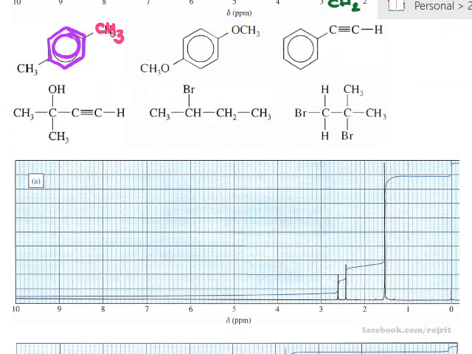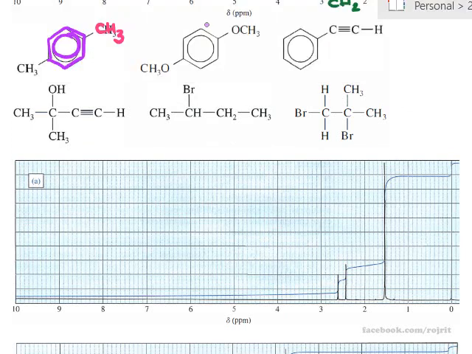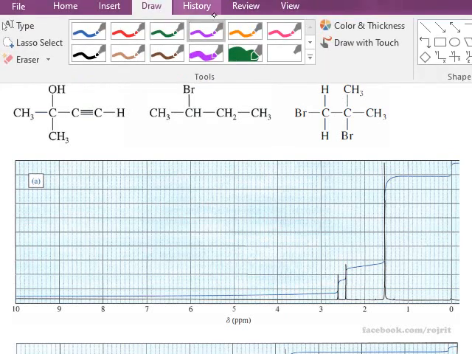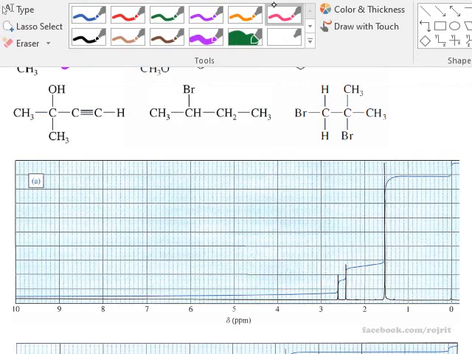So it's not A for sure, because for A you have 3 different types of hydrogen atom. Now for the second molecule, you have the purple color of the benzene ring containing 4 hydrogen atoms, and you have the methoxy group in pink color. So you have only 2 types.